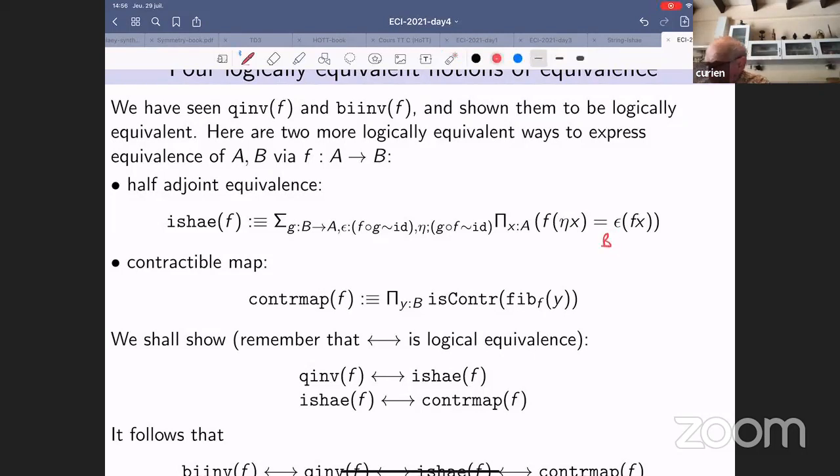Okay, so here, this thing tells me something. Because you insist to have such conditions. That's this condition, okay. So that's the difference between is HAE and QInv.